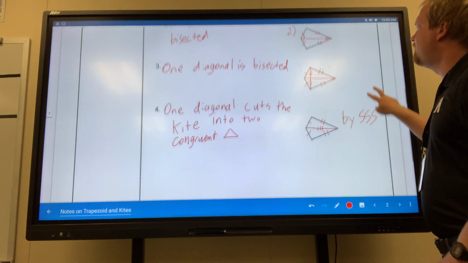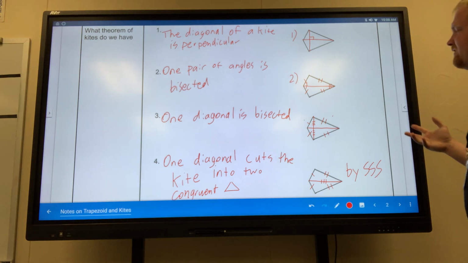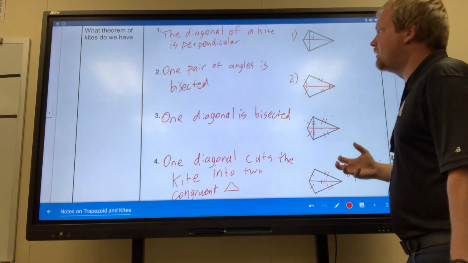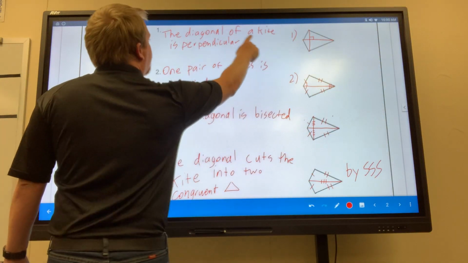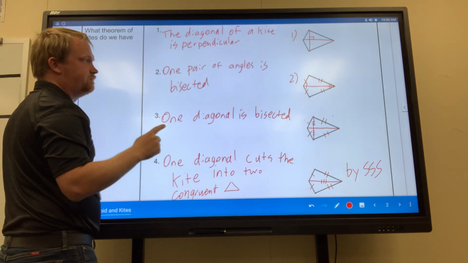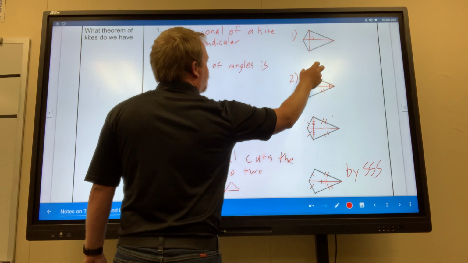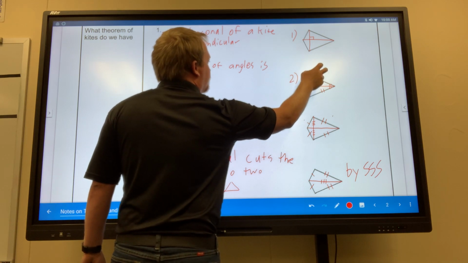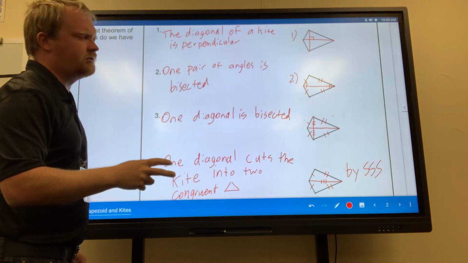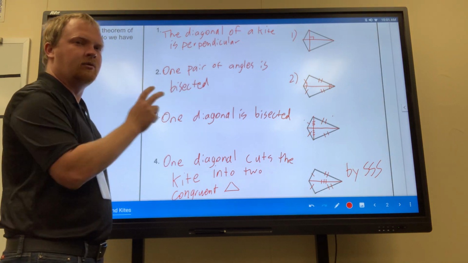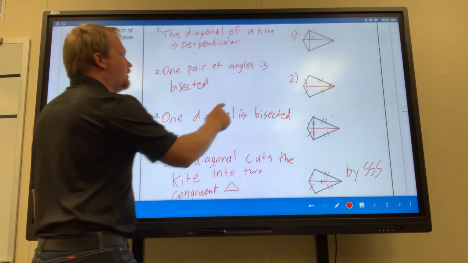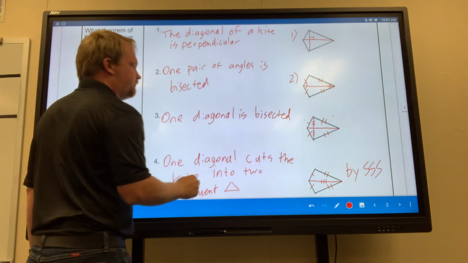And I want y'all to keep in mind about these theorems. That's the big thing I want you to keep in mind. The diagonals are perpendicular to each other. If I split the triangle in half where it has two different sides on one side and the other, the angles are bisected.